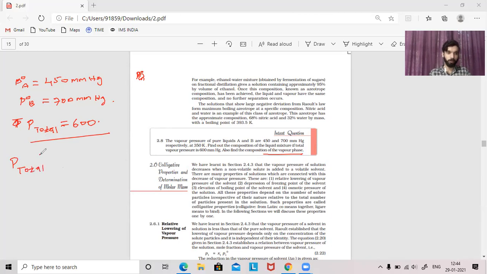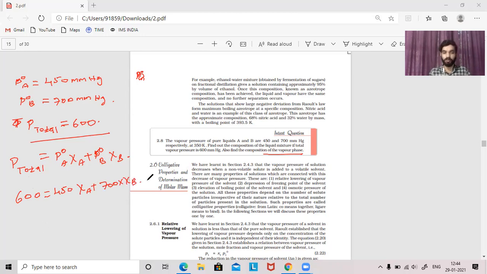P total equal to Pa plus Pb, that is P naught A chi A plus P naught B chi B. P naught A and P naught B are given, but chi A and chi B, that's what we have to find. So P total, which is 600, equals 450 into chi A plus 700 into chi B.